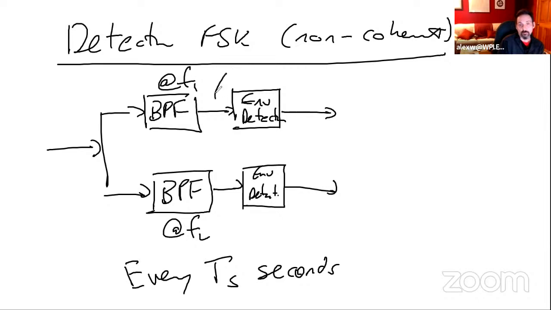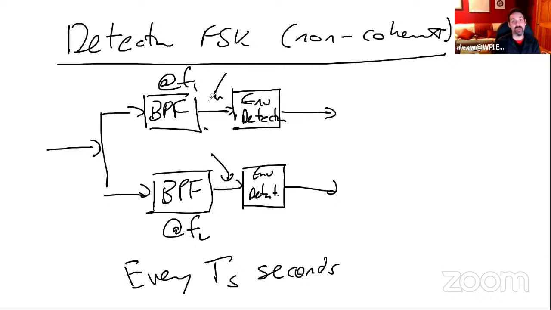Well, here, you're only going to get some sort of sinusoidal signal at f1, and here you're going to get a sinusoidal signal at f2. But what we want to do is extract the value. At some time value, it's either or.